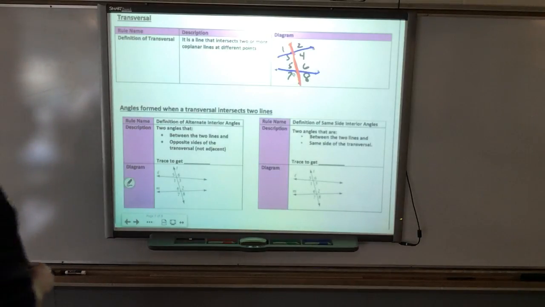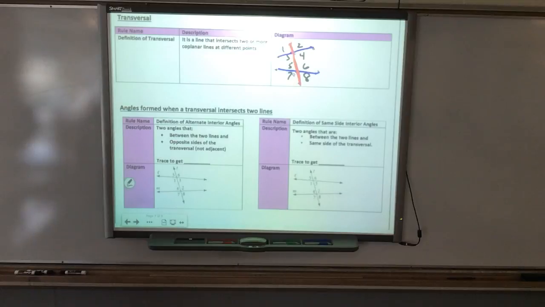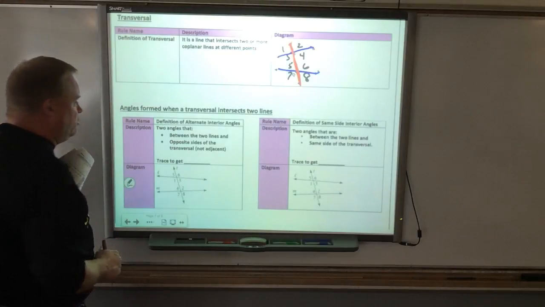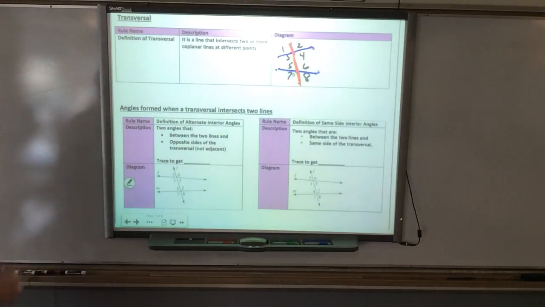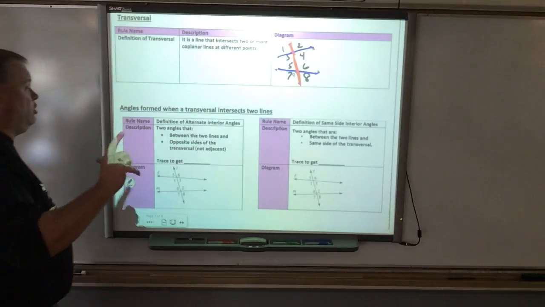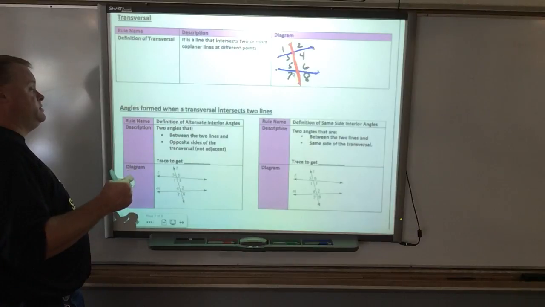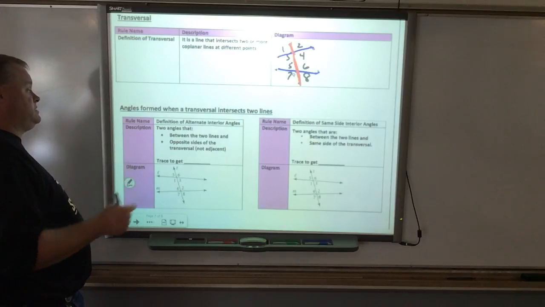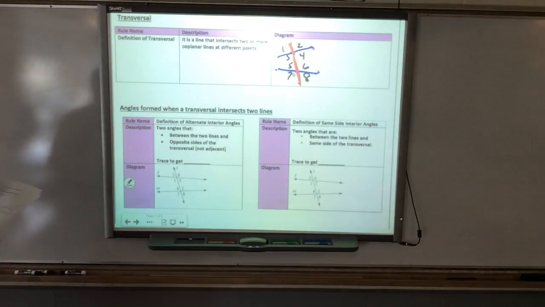The first one is the definition of alternate interior angles. Alternate interior angles are 2 angles that are between the 2 lines and on opposite sides of the transversal.